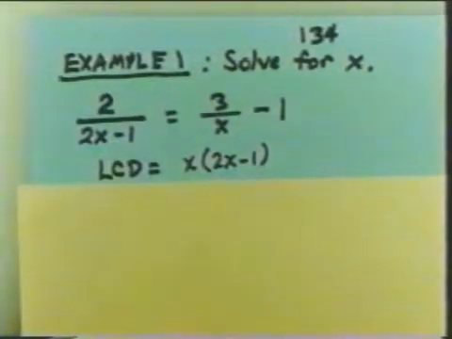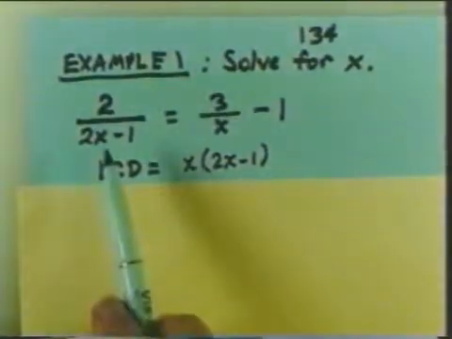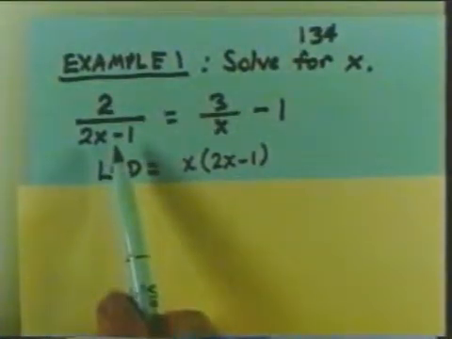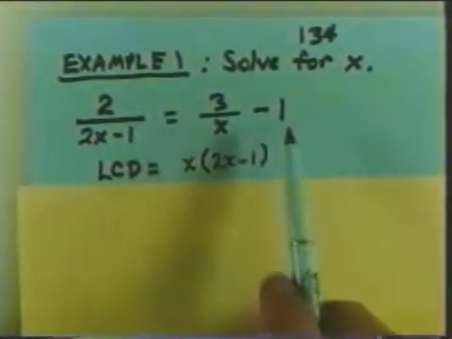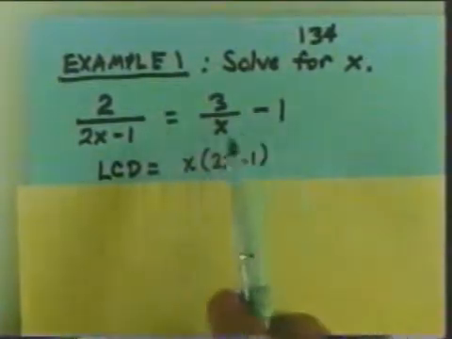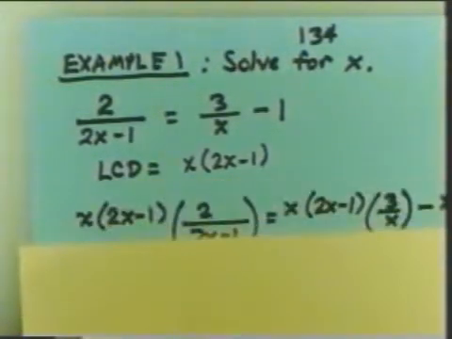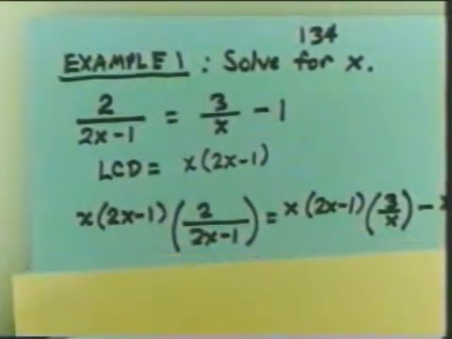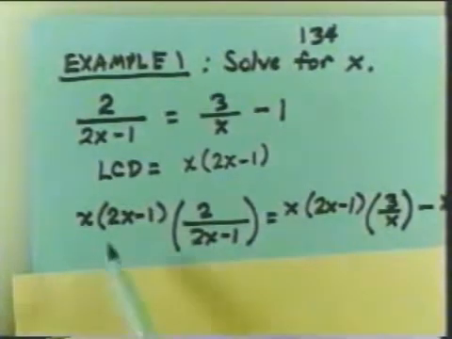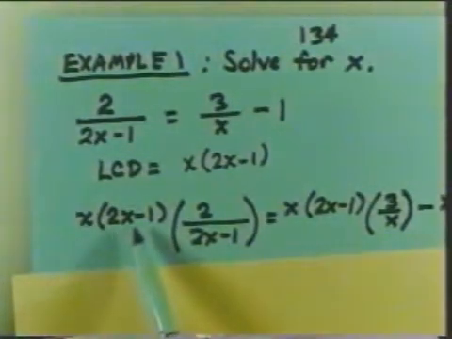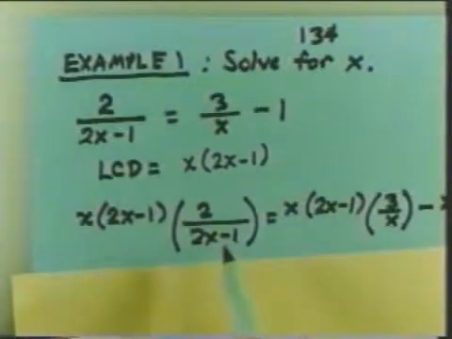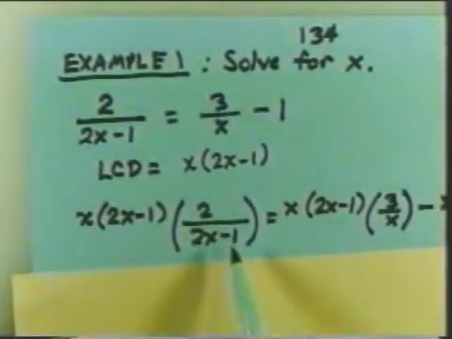We multiply both sides by that least common denominator. On the left-hand side of this equation, notice that we have one term. On the right-hand side, we have two terms. Our least common denominator will multiply each term on the right. And so we get a long expression which has, on the left, our least common denominator, x times 2x subtract 1, multiplied by 2 over 2x subtract 1.